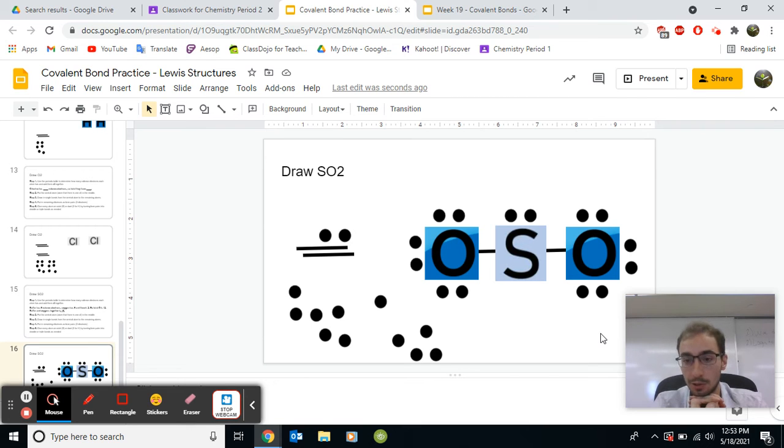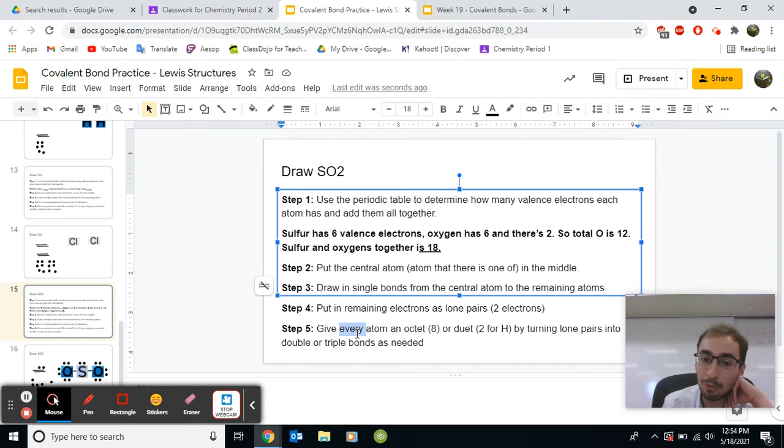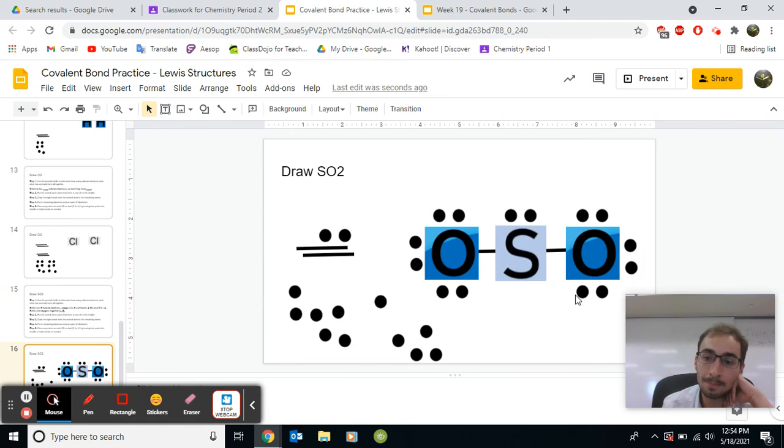Just like the bell work, you should have noticed that sulfur does not have a full octet. The oxygens have 8 because they get 2, 4, 6, and then 8, but the sulfur only has 2, 4, and 6. So remember, now we have to go to step 5, where we give every atom an octet or duet by turning lone pairs into double or triple bonds as needed.